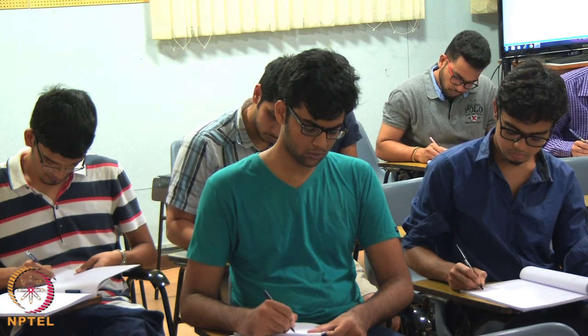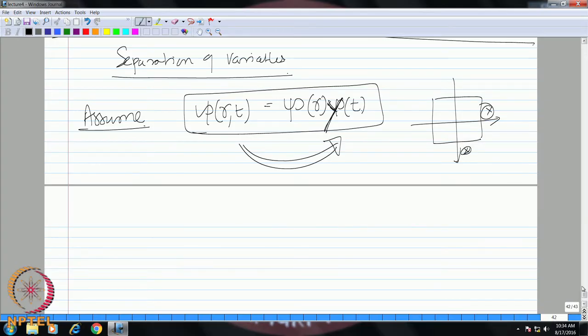So, you substitute this into the PDE and you also divide throughout by psi of r y of t. So, what do you get on the left hand side?